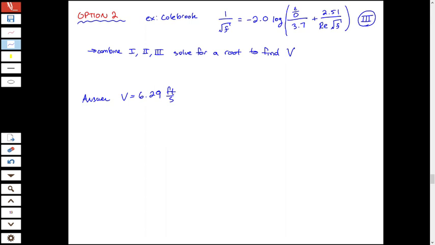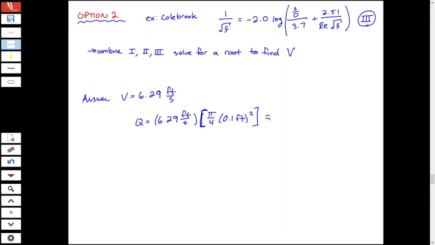So we'll have to go back and get a volumetric flow rate. It will be 6.29 feet per second, and the diameter that we used in all these cases is pi over 4, 0.1 feet squared. So Q equals AV.